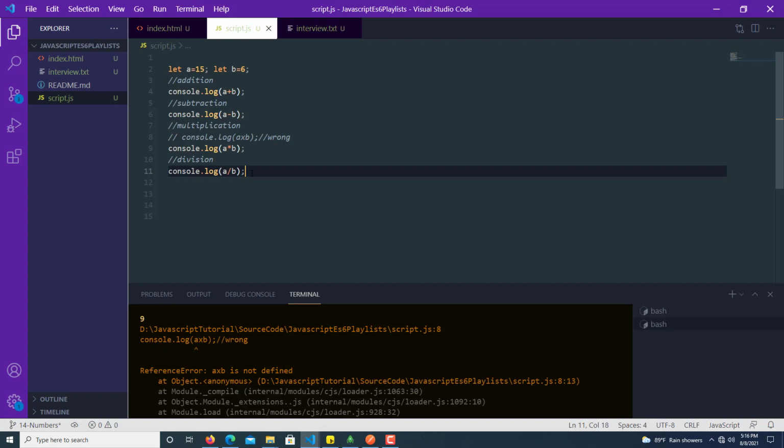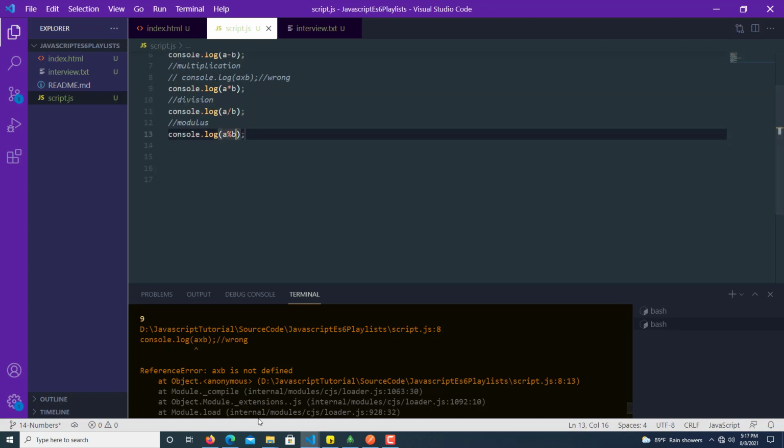Now the other thing is modulus. So if you right now do A by B, this thing, which is the percentage, is the sign of modulus. Modulus and percentage is not the same.